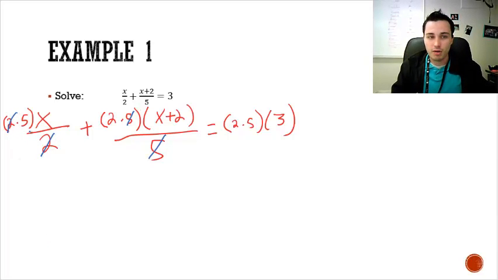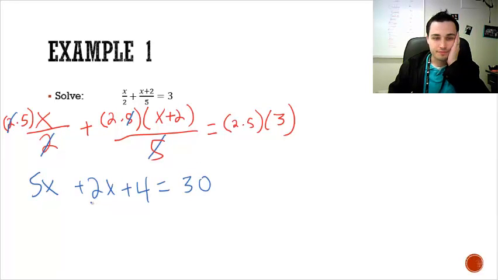Here I can cross out the 2's, leaving me with just 5 times x, which is 5x. On the second fraction, I could cross out the 5's, leaving me to distribute the 2 to both of these. 2 times x is 2x. 2 times 2 is 4. And then 10 times 3 is 30. Now I can just solve this like normal.